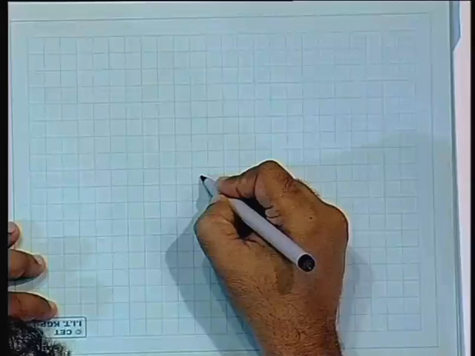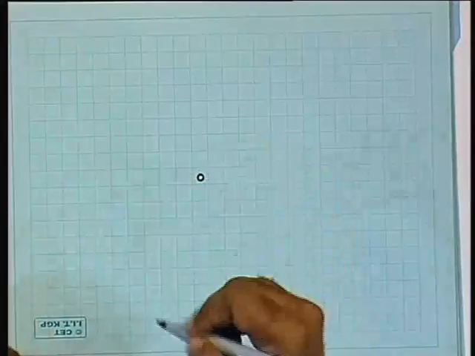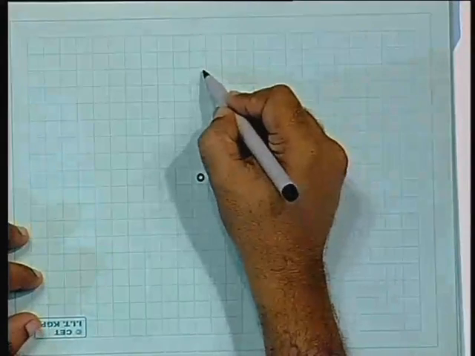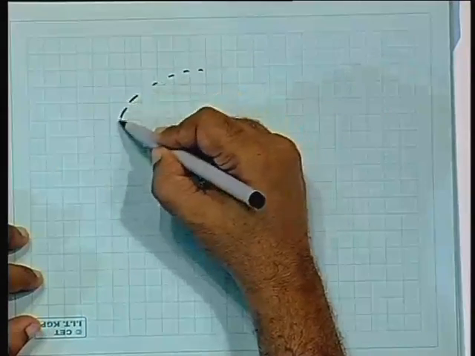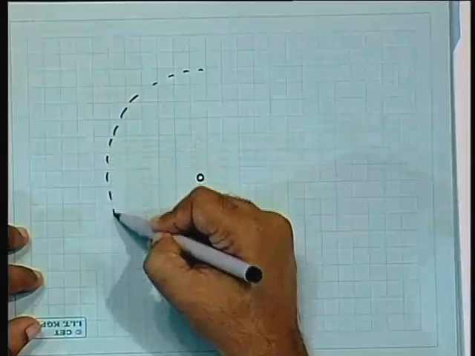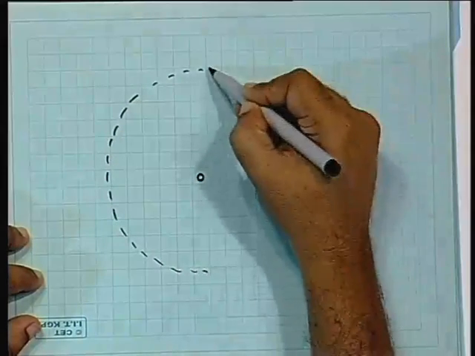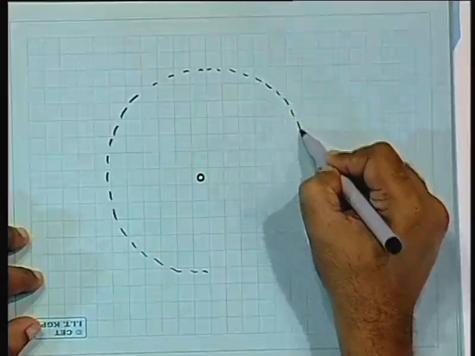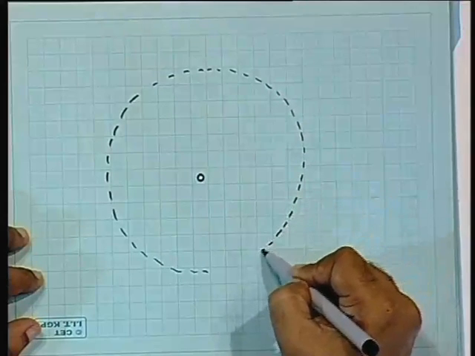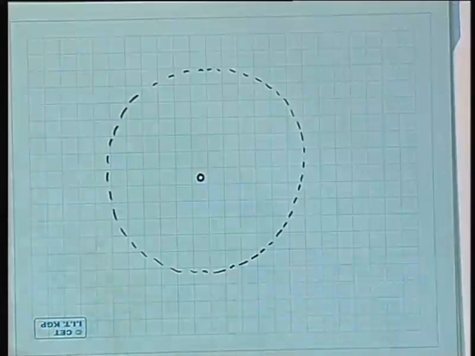How it actually works, in order to understand, let us draw in this way. Suppose this is the shaft at the center, and suppose this is the circle. So this is how it rotates.